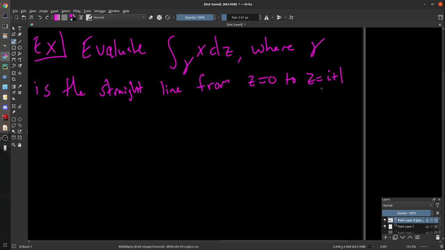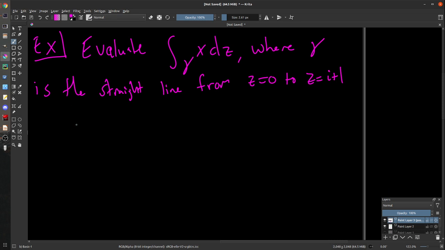There are as many different lines between 0 and i plus 1 as there are increasing functions from 0 to 1, as many reparameterizations as there are. So the fact that we're independent of reparameterization lets us avoid the technical difficulty of talking about all the various reparameterizations, and just say, gamma is the straight line from here to here. There are many lines, but it doesn't actually impact our answer for this integral we're evaluating.